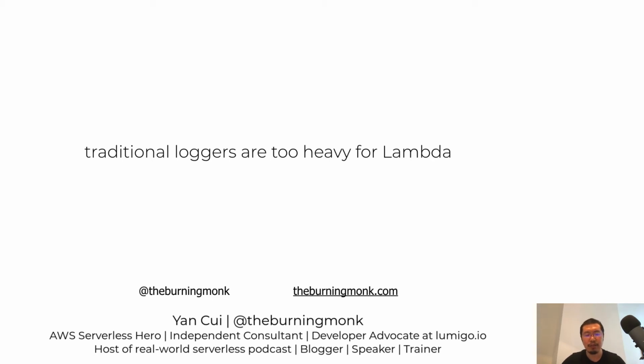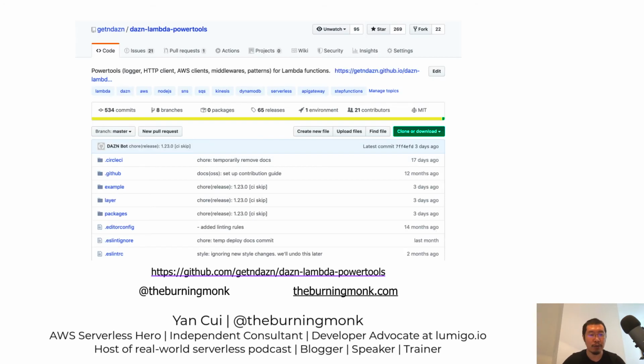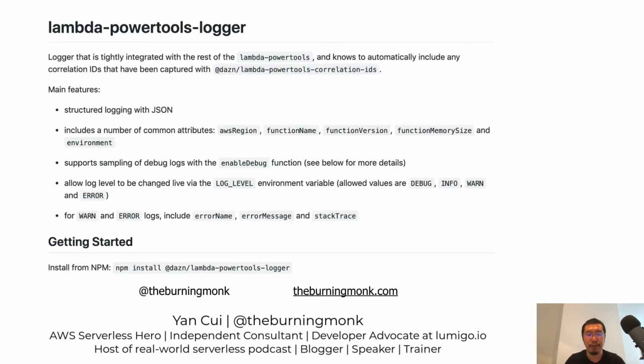So I tend to just have a very thin layer of abstraction on top of console.log. I also wrote a whole suite of libraries, and I published them as an open source project when I was working for the Zone, including a very simple logger that internally just calls console.log with JSON.